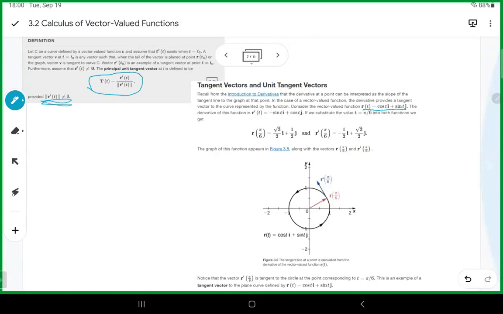The derivative then would be r prime of t equals negative sine t i plus cosine t j. If we substitute in the value of t equal to pi over 6 into both functions, we would get the following. Okay, and then they give you a nice little graph.